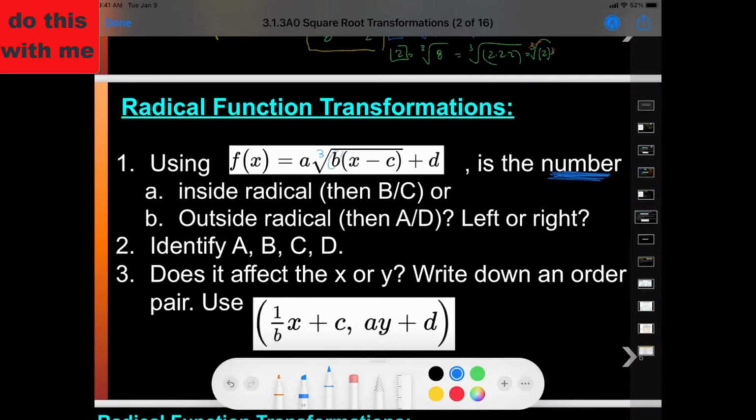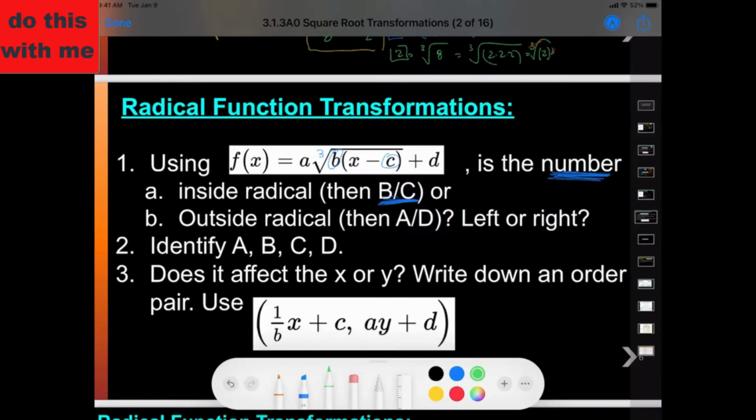Well, the only two letters that are inside are b and c. Okay, c is our horizontal translation, and b is going to tell us if it's going to reflect over the y-axis or our horizontal dilation, compression.